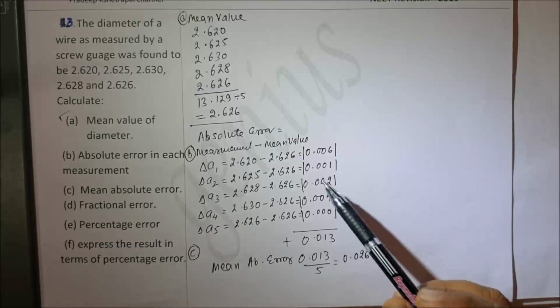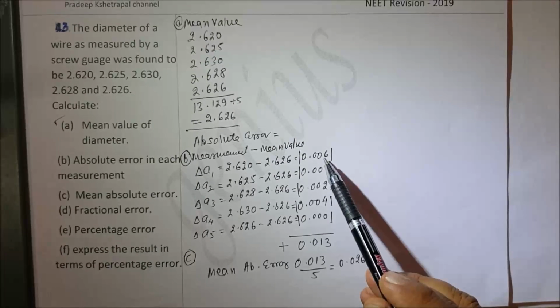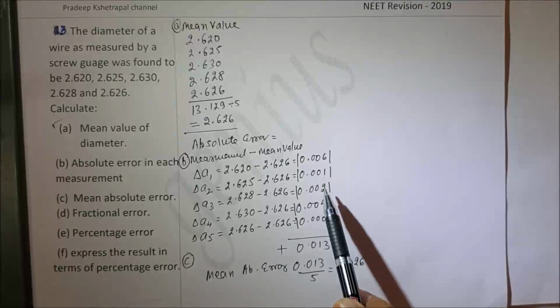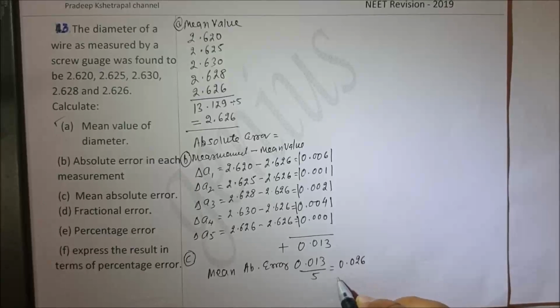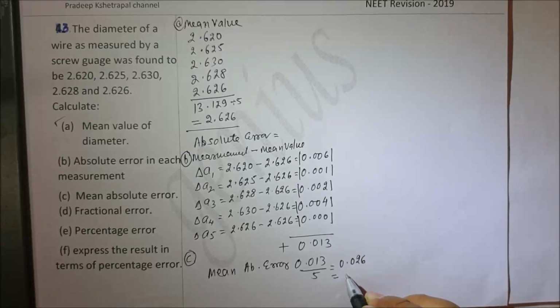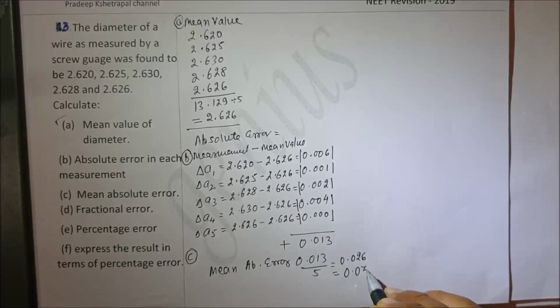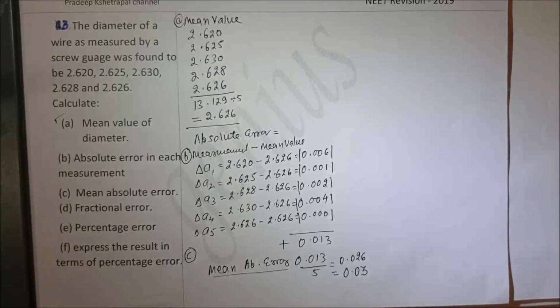Now if we go for the significant figures, here the significant figures are only 1 digit. So if we go by the significant figures rule, then this will be 0.03. This is mean absolute error.